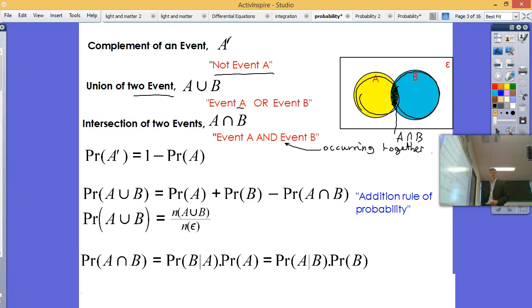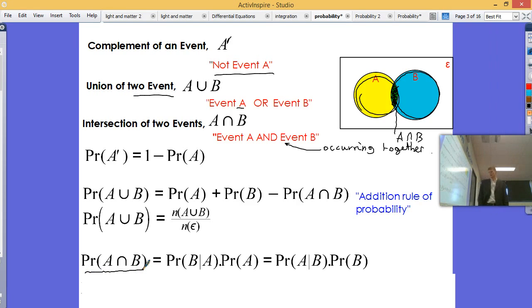Now, the probability of the intersect, A and B occurring together, is the multiplication rule, where we have this expression. This is the probability of B given that A has occurred. This is a conditional probability statement. "Given that" is the wording we use to represent that bar.